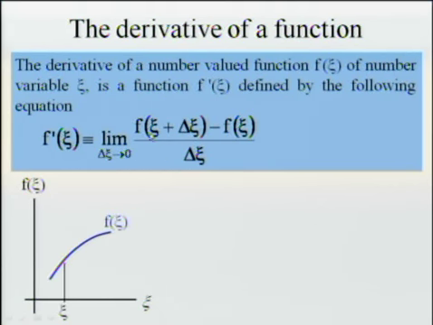What I have to do is to see the difference between a point which is in the vicinity of point xi, separated by value delta xi from that argument, and subtract the value of the function at the considered point, and then divide by the difference in the argument. That quotient is called the difference quotient. Say it, shout. Difference quotient, correct.